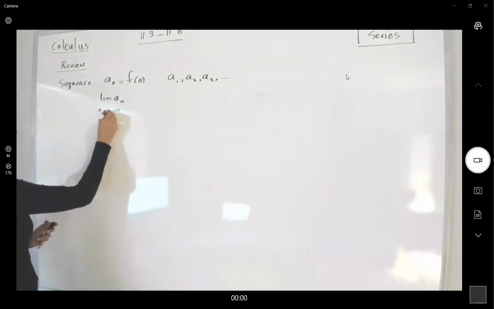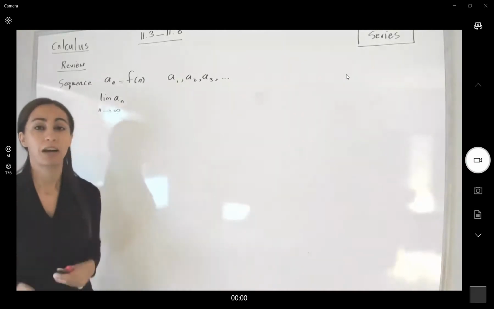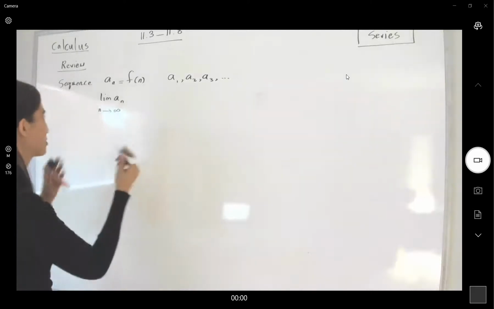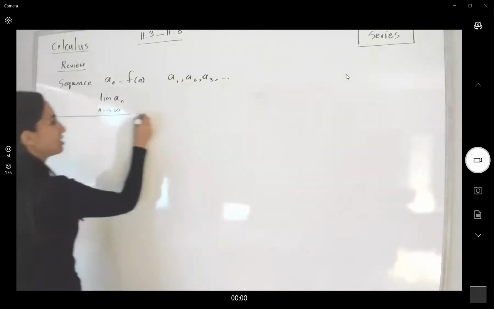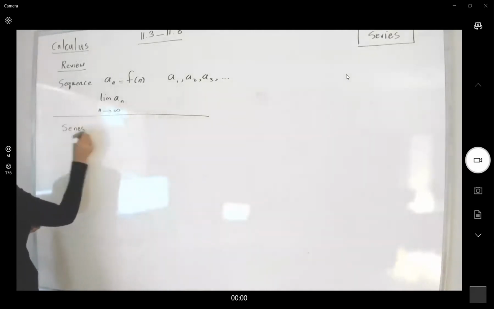Remember that we said this type of function is not very interesting for us. As mathematicians, we're interested in creating some new objects. We take the terms of this function and create a series. So, sequence and series.